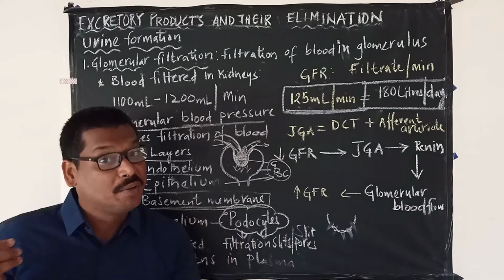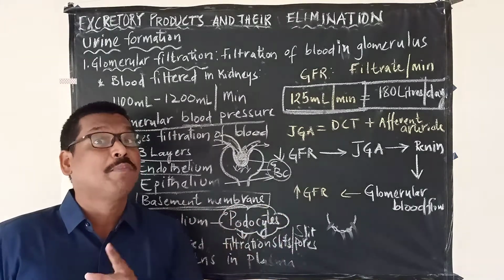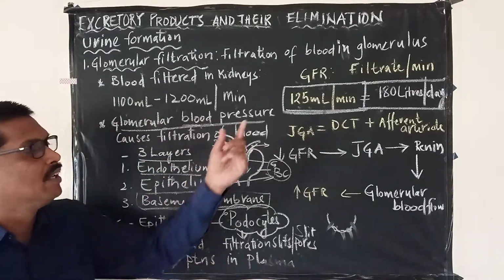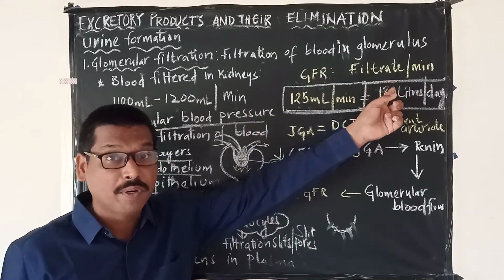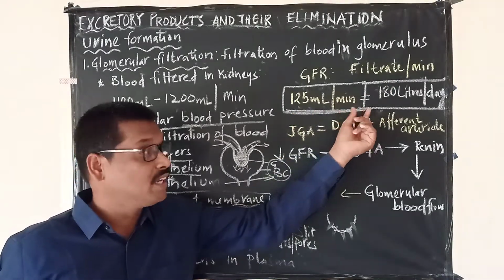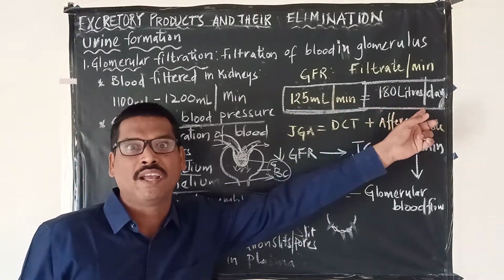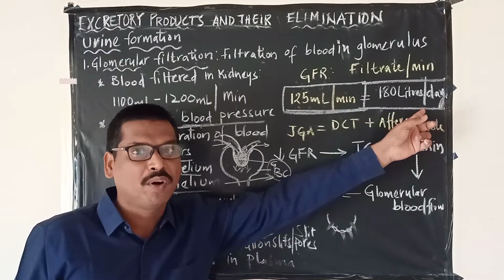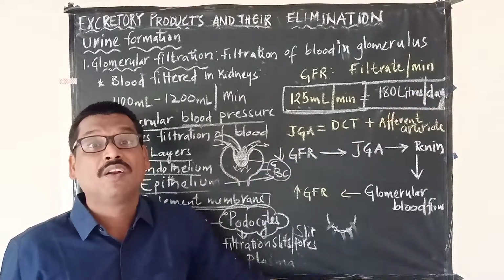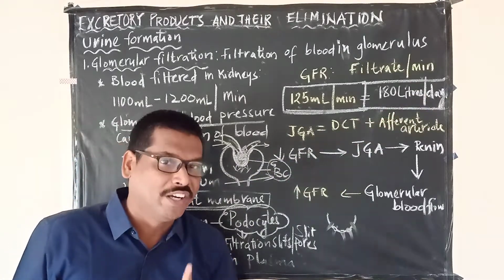But all that filtrate will not be eliminated; it will not come out in the form of urine. Remember that. Again I am repeating the point: the filtrate formed is about 125 ml per minute, or about 180 liters per day. It is impossible for all of it to be eliminated from the body.